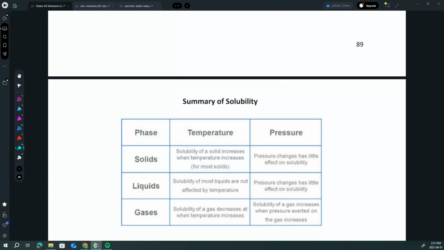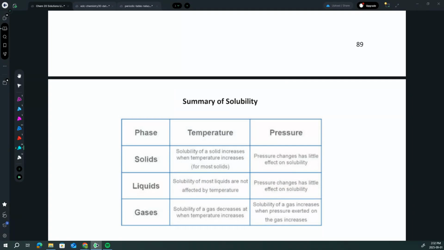but not necessarily everything. And with pressure, pressure is not going to have an effect on solids. It only has an effect on gases. For liquids, solubility of liquids are not going to be affected by temperature or pressure. And for gases, the solubility of a gas is going to decrease if you increase temperature.